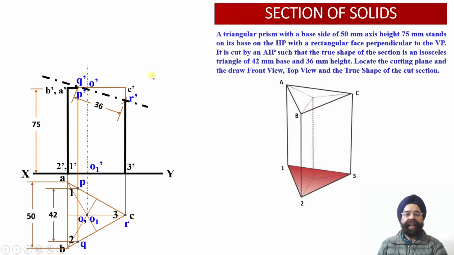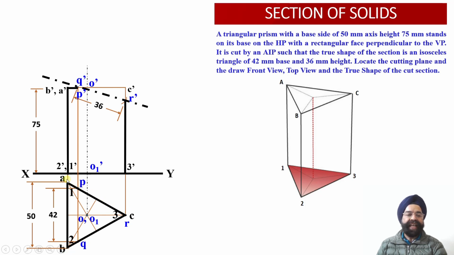Now we observe that this portion of the solid has been removed by the cutting plane or the auxiliary inclined plane. We are left with the remainder solid as this portion over here, which we have already darkened, right? Next, we also know that this is the triangular portion corresponding to this triangular prism.